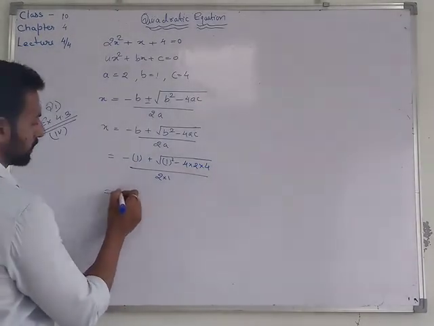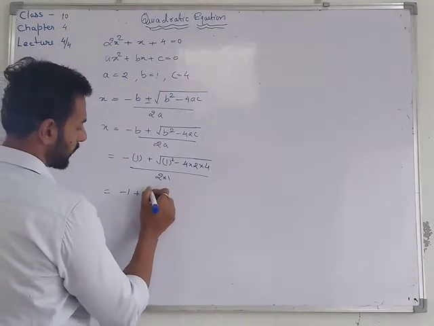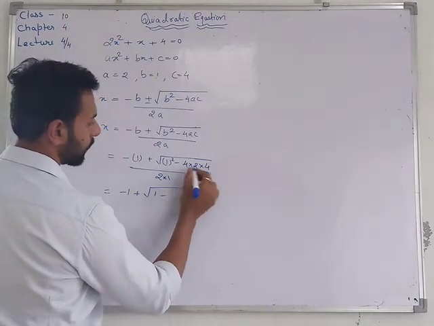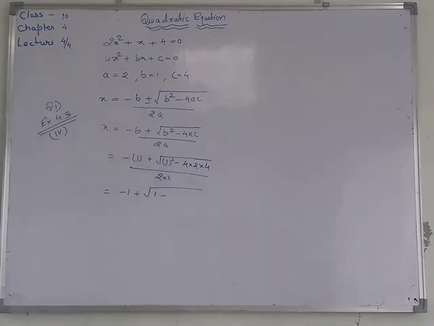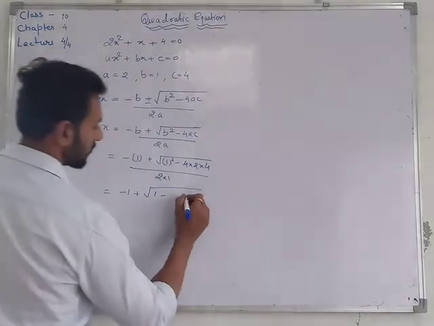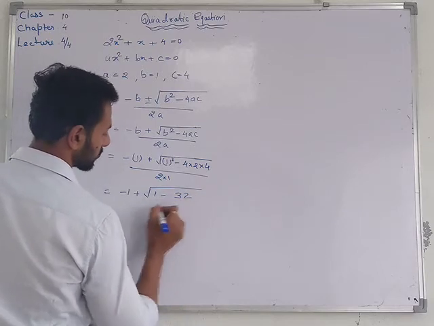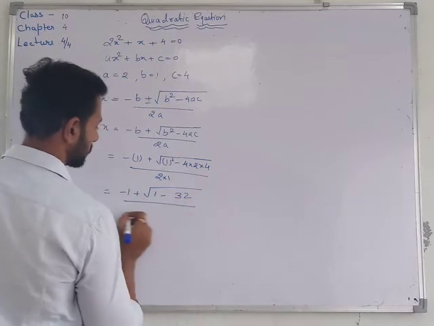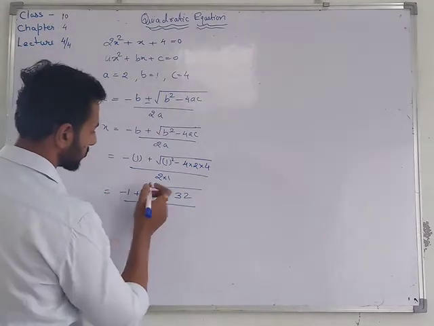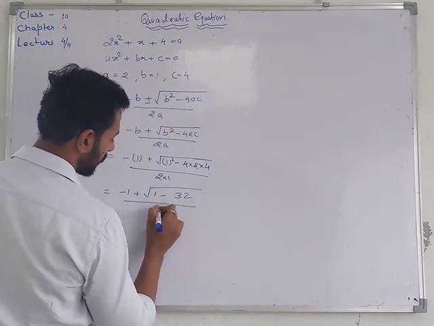Minus 1 plus under root of 1 square minus 4 fours are 16, 16 twos are 32, upon 2.